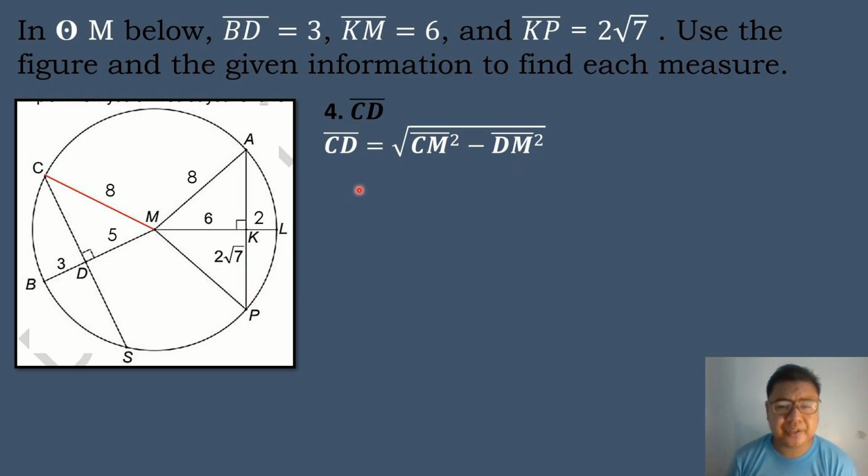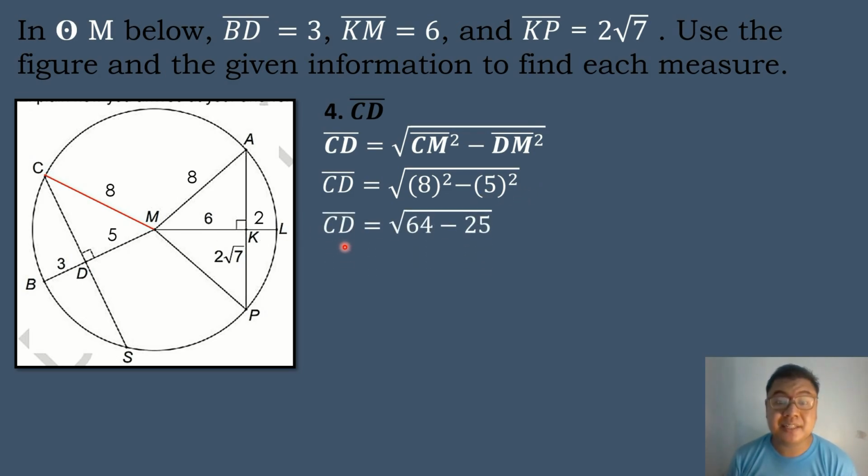All we need to do here is to substitute the corresponding values. So segment CD, which is unknown, equals the square root of segment CM, which is 8 raised to the second power, minus segment DM, which is 5 raised to the second power. Then we will simplify.